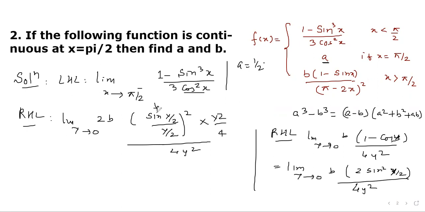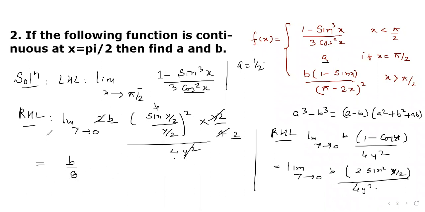So this will become 1, and y square will cancel out. This 4 will become 16. This 2 will cancel this. So we have got b in the numerator only, and then this will become 4 to 8, b by 8.